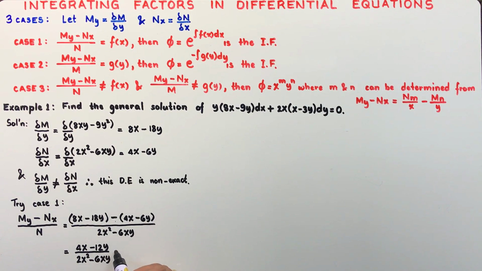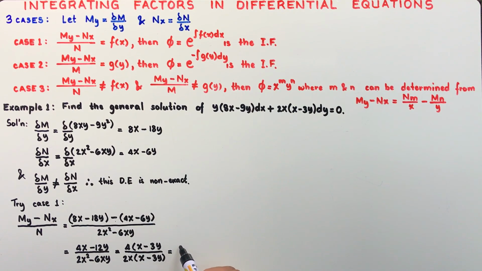If we simplify this by factoring the common term in these two terms, we have 4 times x minus 3y, divided by 2x times x minus 3y. You can check that when you multiply 2x by x, we have this one here, and if you multiply 2x by minus 3y, we have negative 6xy. So therefore, we can cancel these two factors.